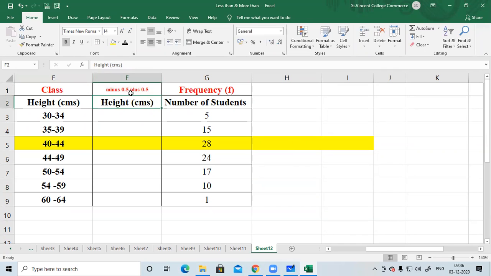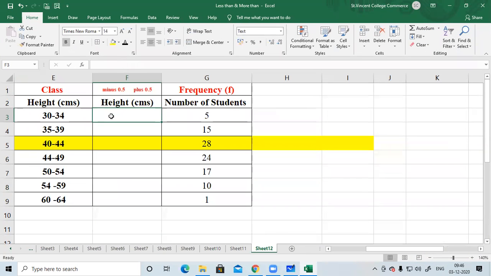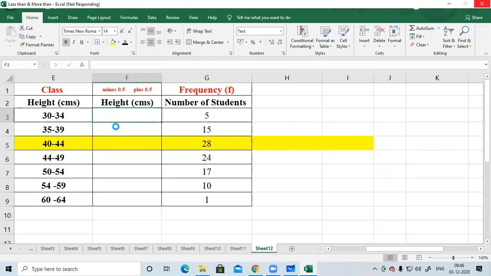So minus 0.5 and plus 0.5. Now, start doing minus 0.5 and plus 0.5. How do you do it?